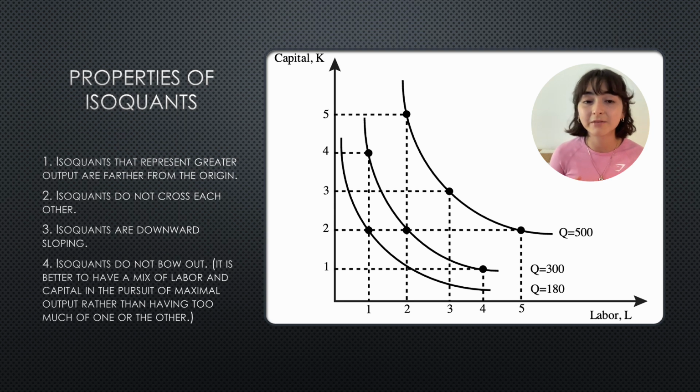They also must never cross, because if they did, intersecting isoquants would represent the same level of output at some point, which would go against the entire purpose of isoquants, and they would also not be consistent with each isoquant's specific ratio of inputs. Additionally, isoquants are downward sloping because there must exist a trade-off between inputs as one is substituted for another. Lastly, isoquants do not bow out because they demonstrate the fact that firms will always pursue the maximal output that can be achieved by using a mix of inputs.